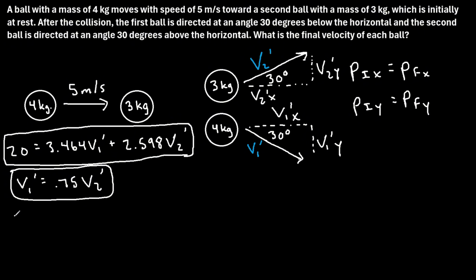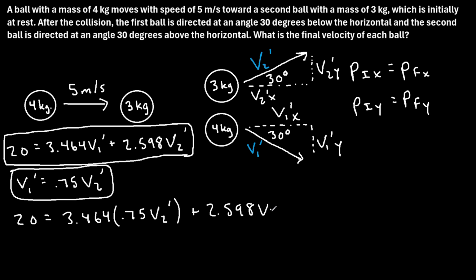What we end up with is 20 is equal to 3.464 times 0.75 v2 prime plus 2.598 v2 prime. If we simplify a little bit, we end up with 20 is equal to 5.196 times the final velocity of the second ball.